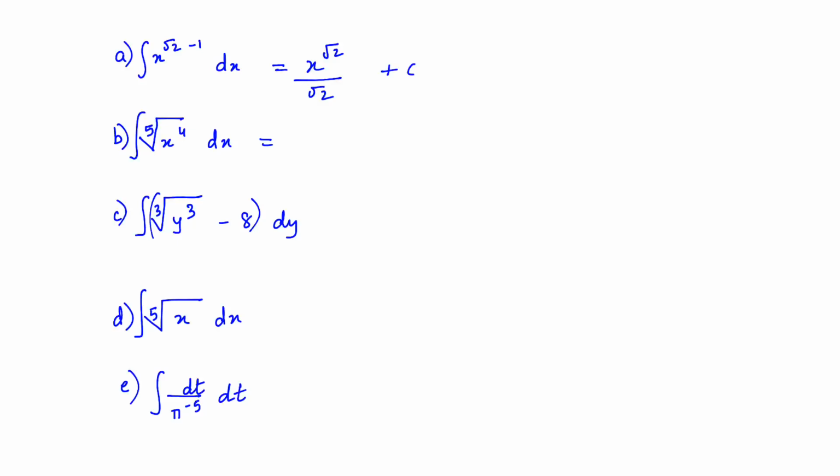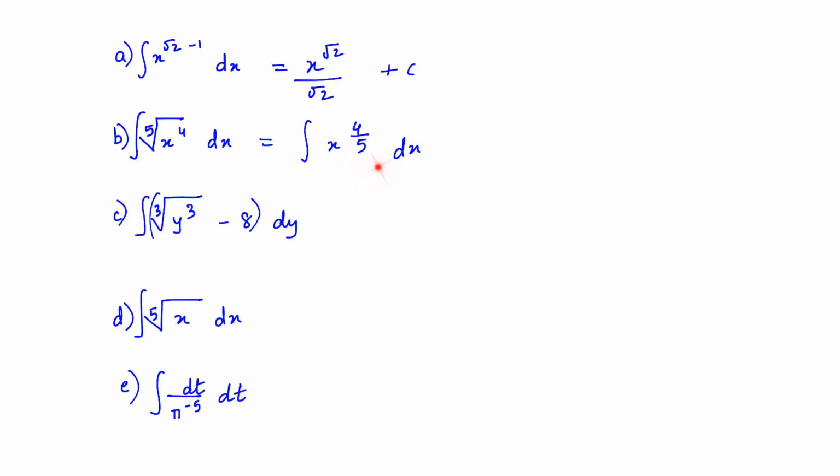In B, we have the radical form. So first we will write it in the indices form. To do that, remember that whatever is in the square root, the x power, that will go as a numerator, and the one which is outside, here in this case 5, will be written as the denominator.